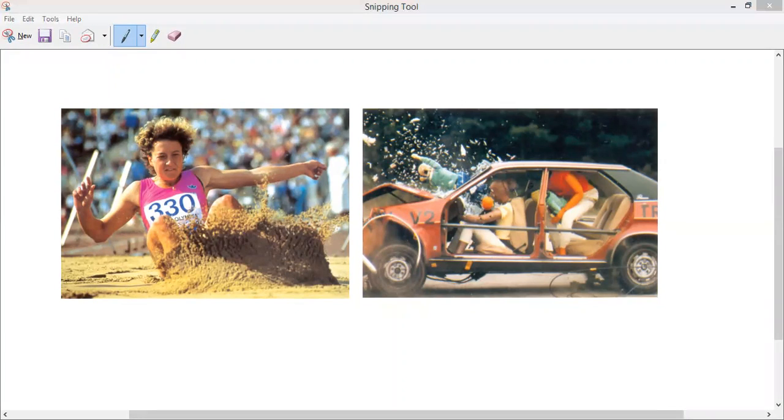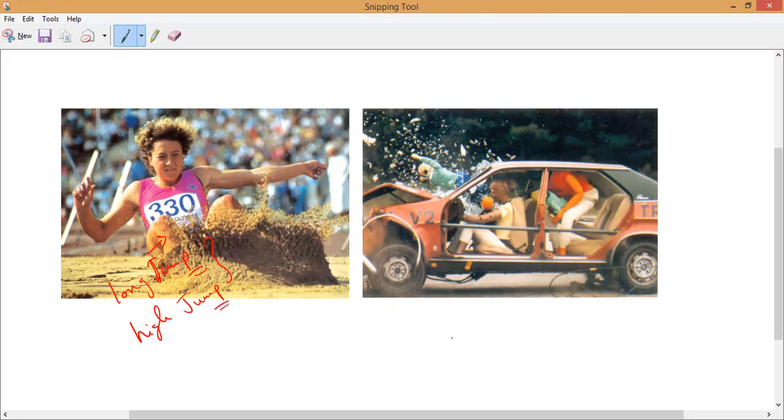Now you can see an athlete taking a long jump or high jump bends his knees before landing. Why does he bend his knees before landing? Both will bend their knees before landing. Anybody, girls, boys? Try to think and tell me.